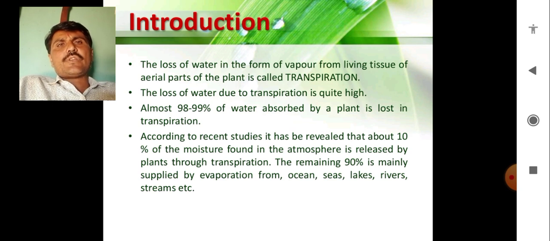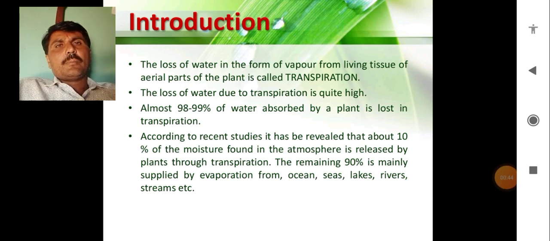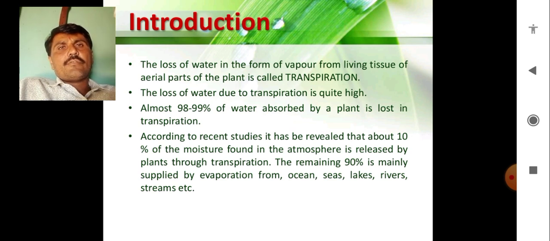As we know, physiology, whether in plants or in animals, refers to the internal processes conducted by the body or the plant. As we are concerned with botany, we are studying plant physiology.